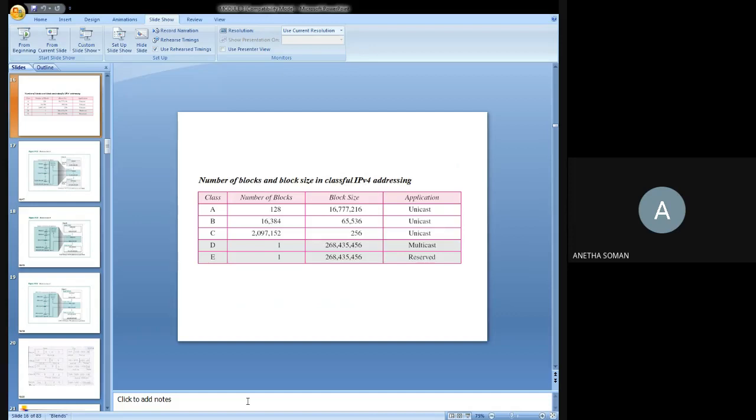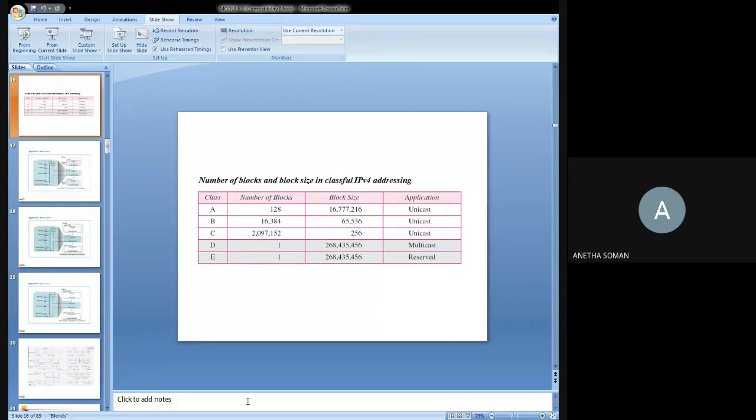About 16 blocks are used for private addresses. So 16,384 minus 16 gives 16,368. So that many address blocks can be assigned to organizations, right?